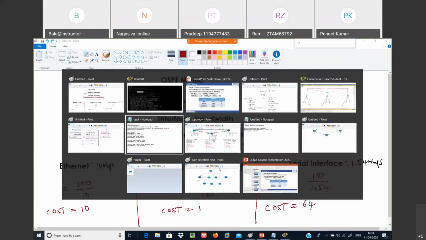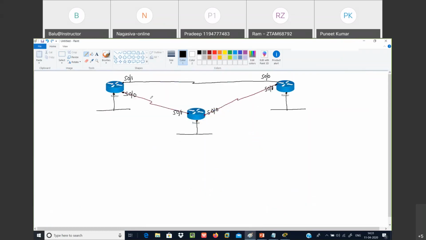Now let me open my network topology here. If you listen carefully, this is a very important point. We have R1, R2, R3, a three-router example. R1 LAN interface is a fast Ethernet port, R2 LAN port is also fast Ethernet, and R3 LAN port is also fast Ethernet.